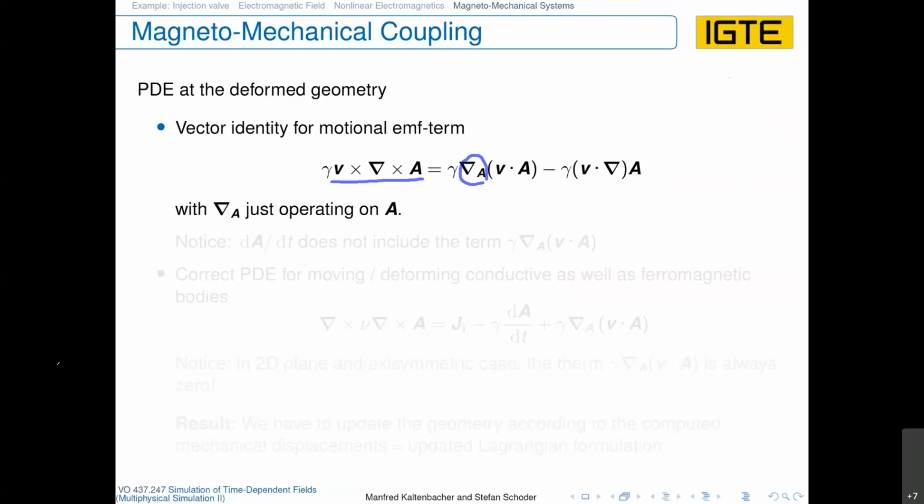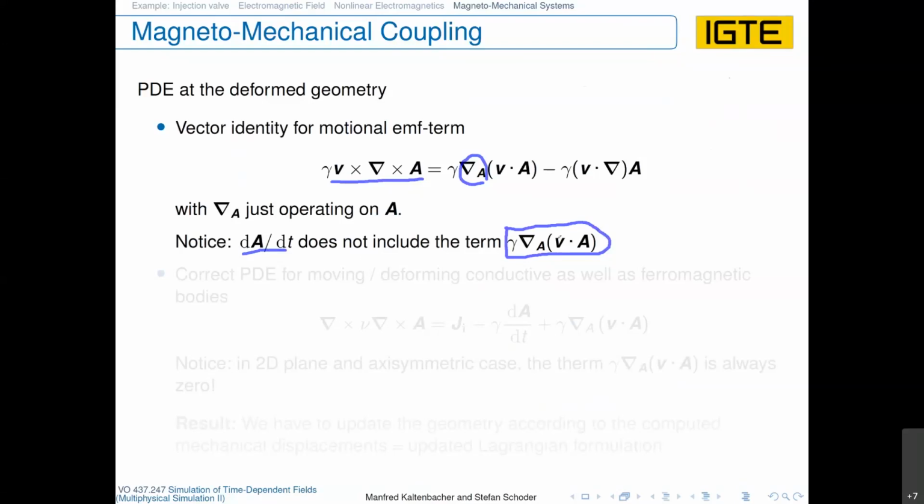Now what we have to notice is that in this substantial derivative, dA/dt, we have not included this term here, which means when we introduce this substantial derivative, which means we always compute the magnetic field on the actual deformed geometry, then this term is not included.